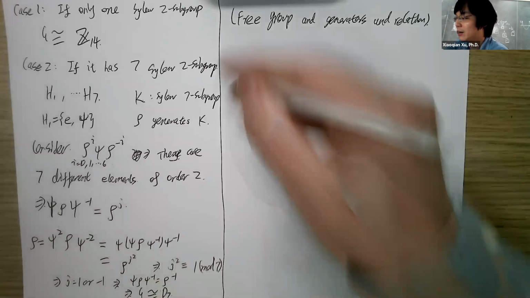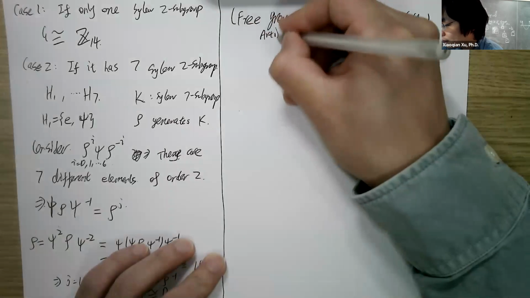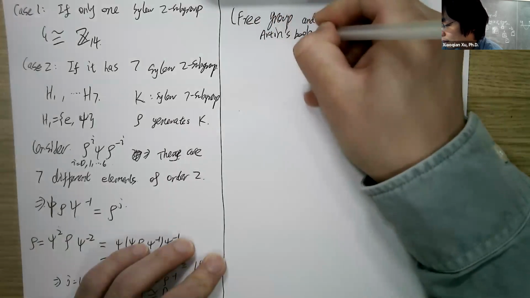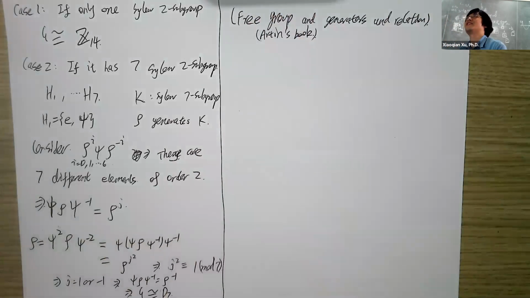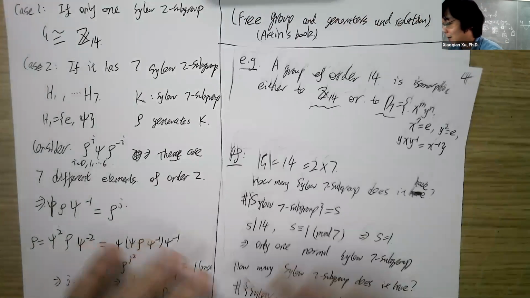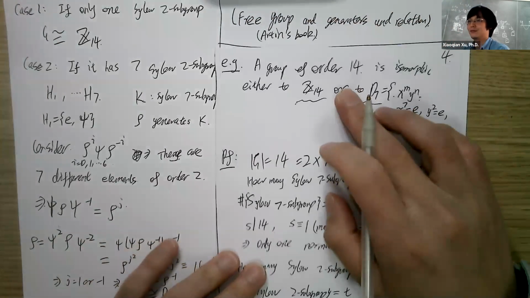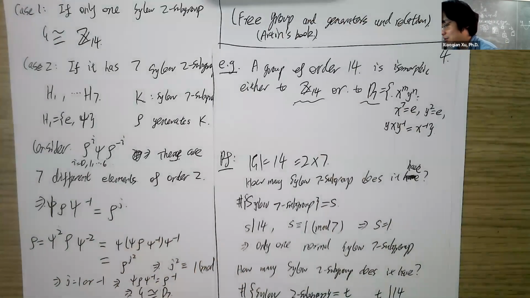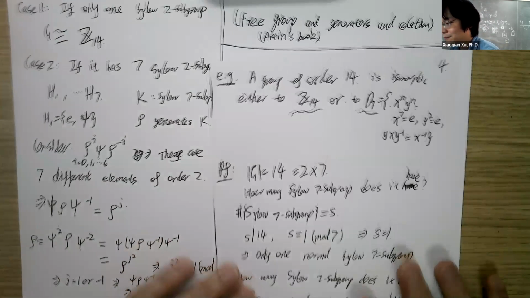Okay, you can check it in Artin's book. I think it's in the more group theory chapter, last section. Okay, so we prove that a group of order 14 has two particular structures, cannot be more.